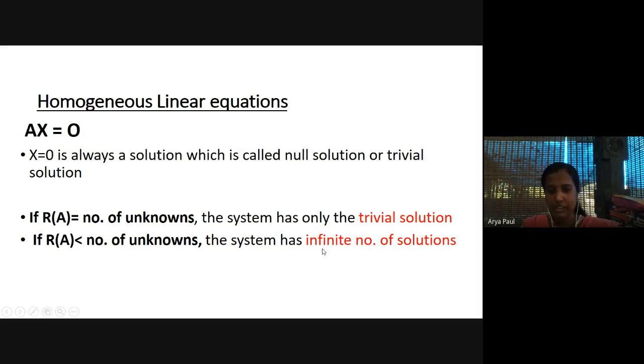So please understand the difference. If the rank of A is equal to the number of unknowns, the system has only the trivial solution, that means x = 0, y = 0, z = 0. If the rank of A is less than the number of unknowns, the system has an infinite number of solutions. This is the case of the homogeneous linear equation. So while you write the program in a generalized form, you need to incorporate this also. I hope this is clear.